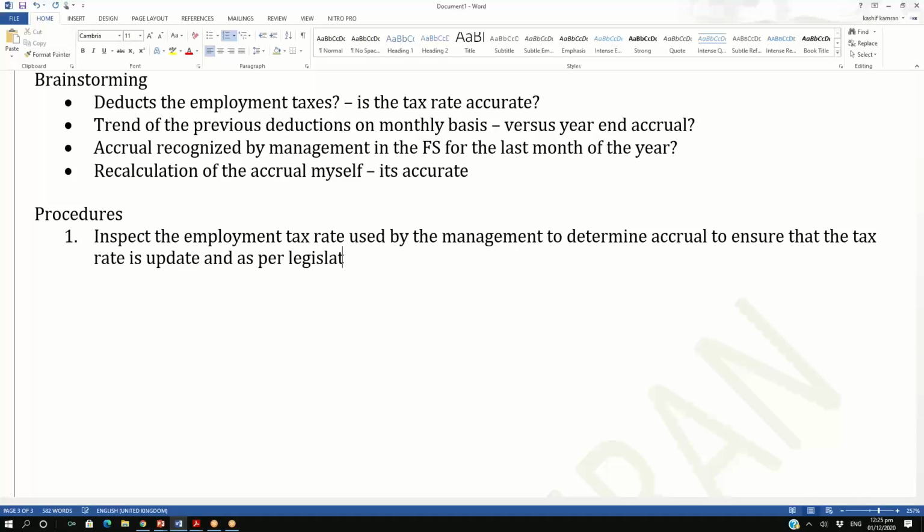So what is the reason I'm inspecting the tax rate? Just to ensure that the tax rate is not outdated, it's updated, and it's the one as per the legislation.